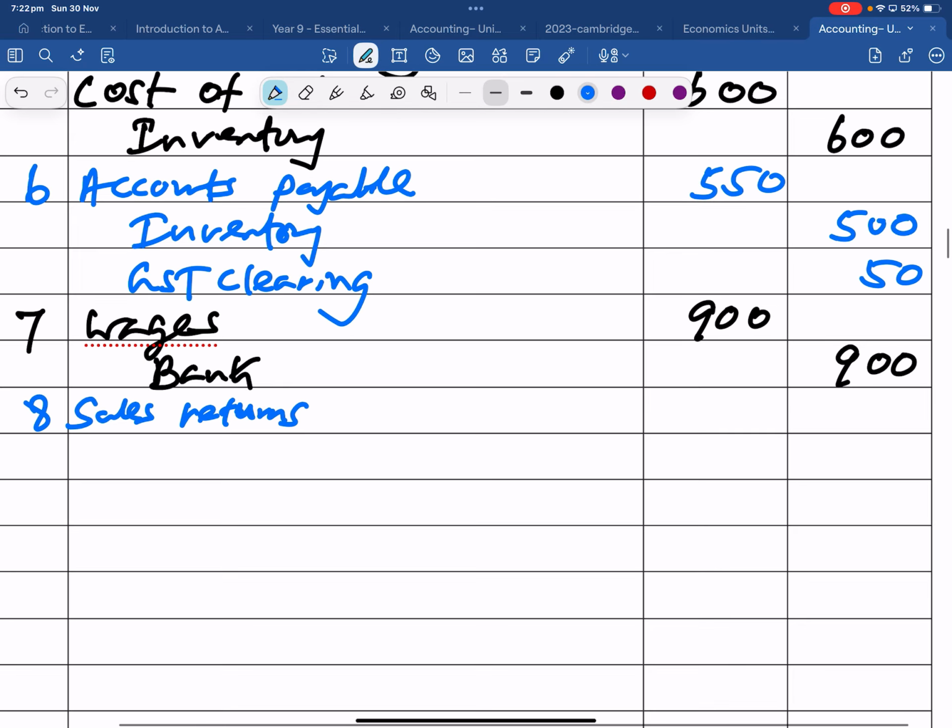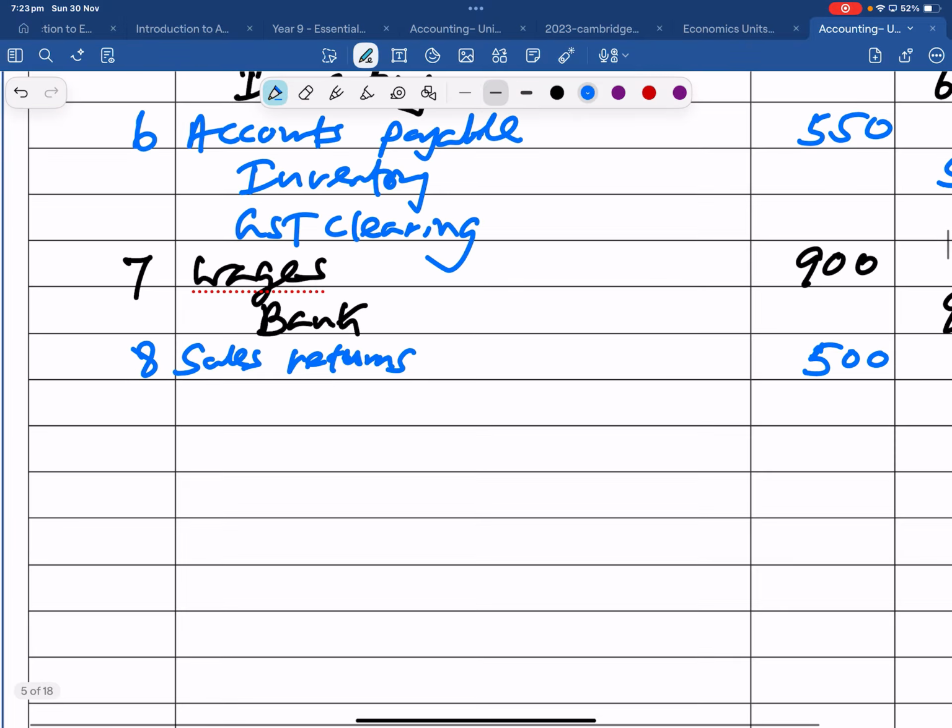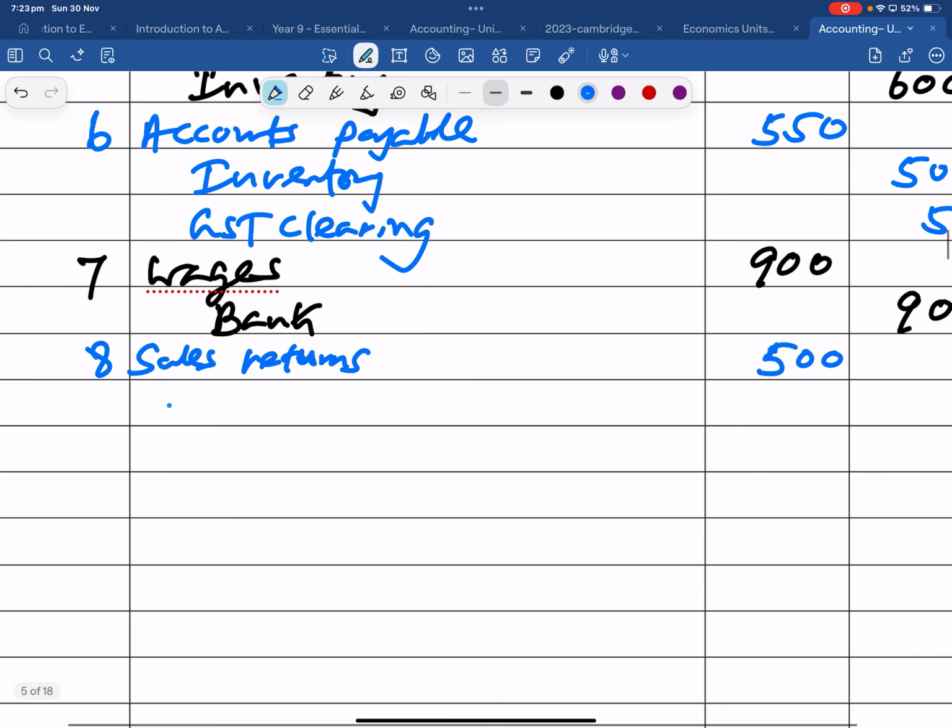Sales return, debit how much? Varun? 1,100? No, half of that, 550? No, 500 only, because the sales was 1,000. Then what else? GST clearing debit.